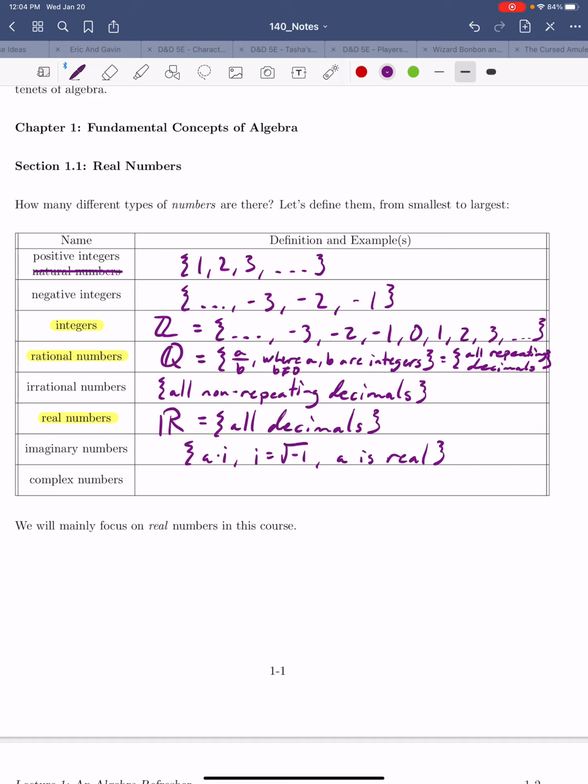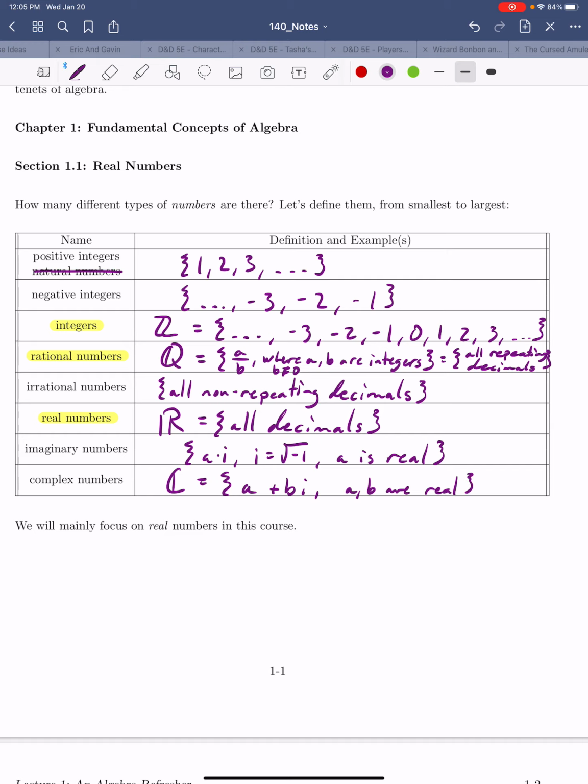If you take the square root of a number that's not a perfect square, then you get an irrational number. If you take the square root of a negative number, then you get an imaginary number. And then the complex numbers, denoted by C, is actually even bigger than the reals, because that's all numbers of the form a + bi, where a and b are real, and i is the square root of -1.